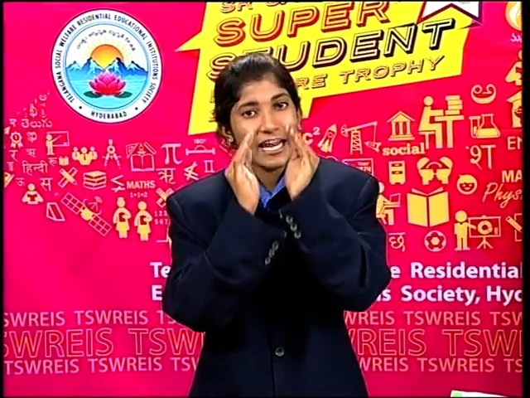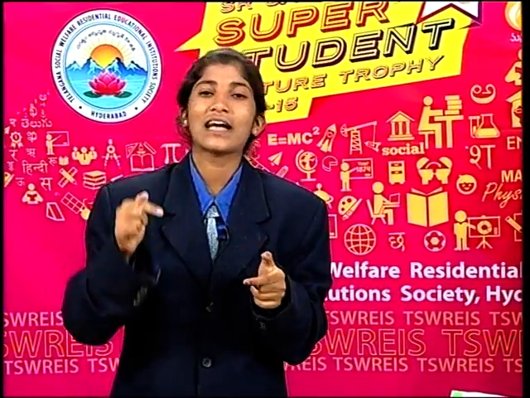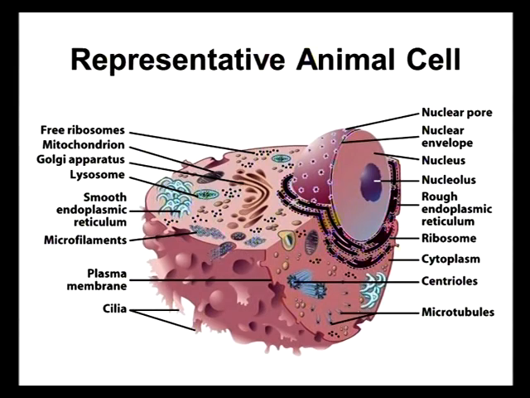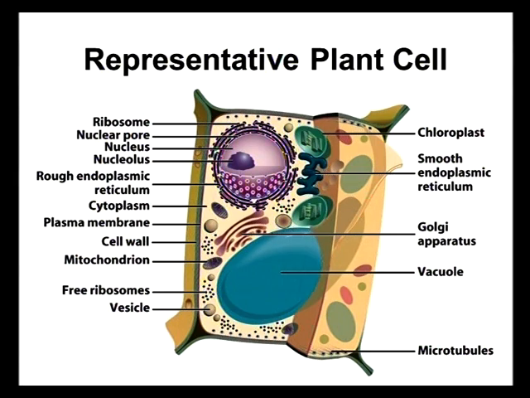But red blood cells contain some characters of eukaryotic cells. Hence, we call red blood cells eukaryotic cells. These are the prokaryotic cells. These are eukaryotic cells. Examples of eukaryotic are human beings, plants, animals. This is the animal cell and this is the plant cell.